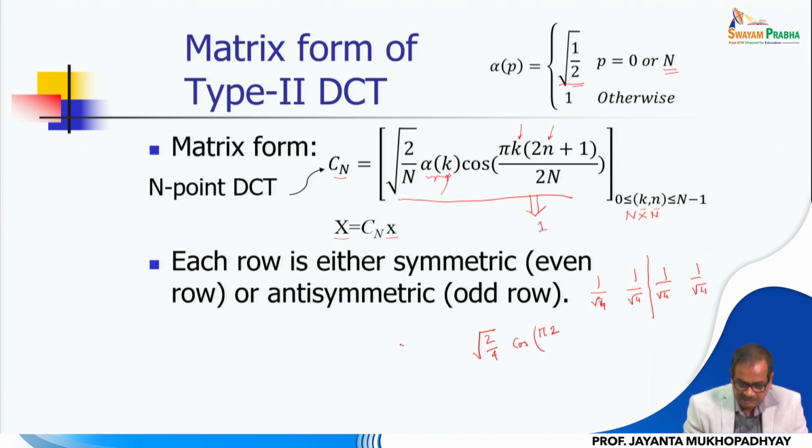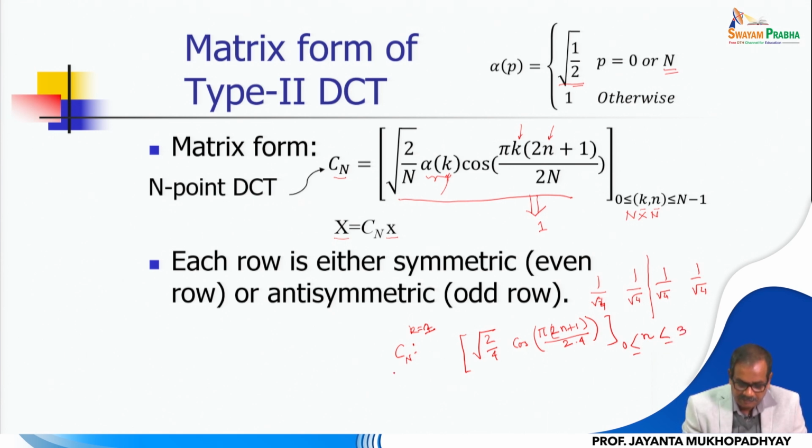So, I am writing the value of the elements of Cn for k equal to 1. So, it would be root over 2 by 4 cos of pi, then 2n plus 1 divided by 2 into 4. Okay. So, these are the elements for n starting from 0 to 3.